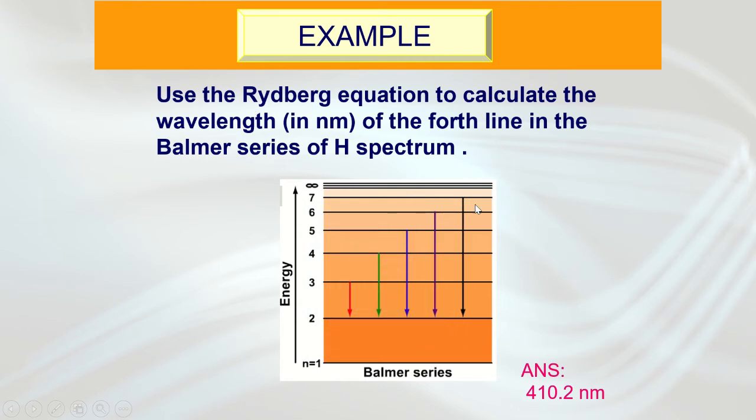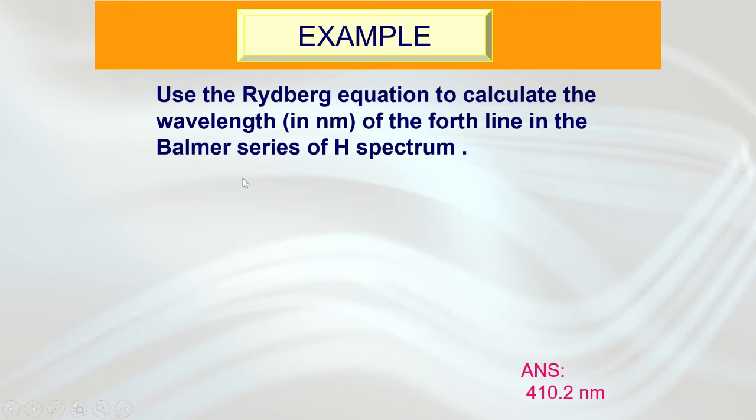So use the Rydberg equation to calculate the wavelength of the fourth line in the Balmer series. So we can say fourth line. Okay, so by using the formula for Balmer, NF or its ground state equals 2. So NF plus number of lines equals N initial. Right? So now NF equals 2, fourth line, so that means electron will transit from n equals 6 to n equals 2.